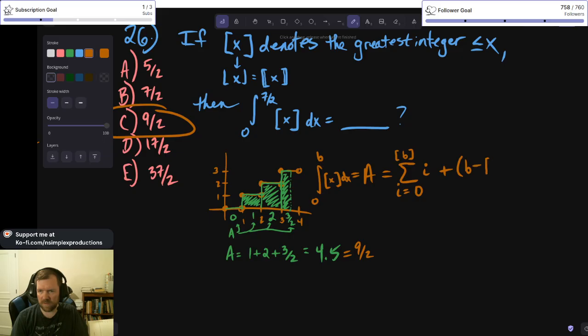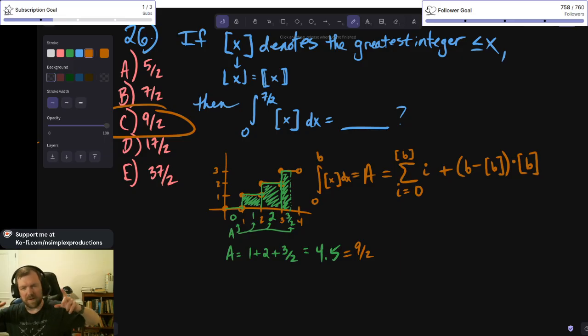B minus greatest integer b multiplied by the height would have been greatest integer b. So this might be a way to just kind of think about it. Not that you'd actually want to pull this out during an exam. Like, why on earth would you do that?